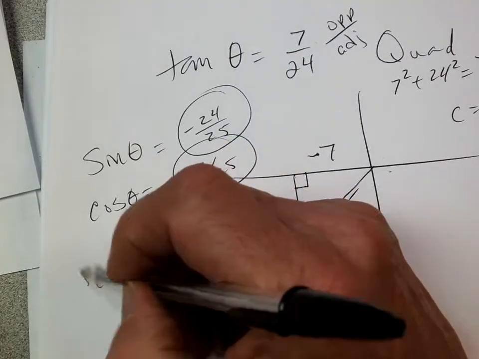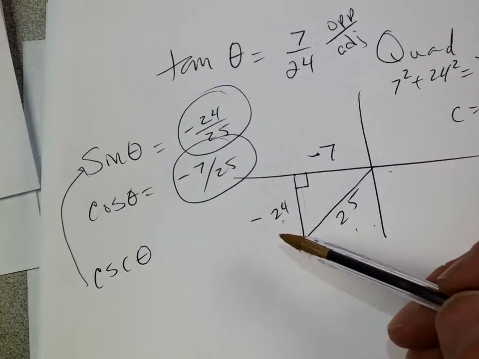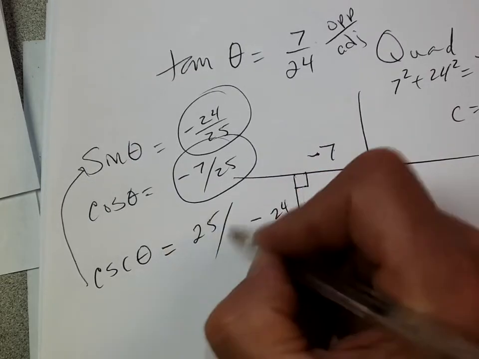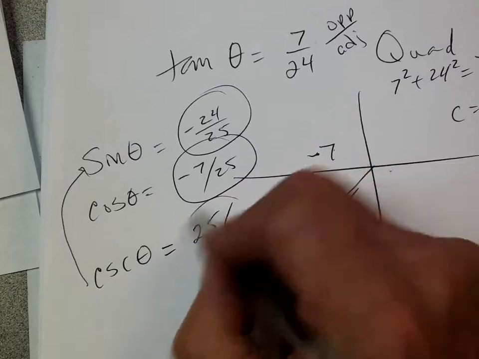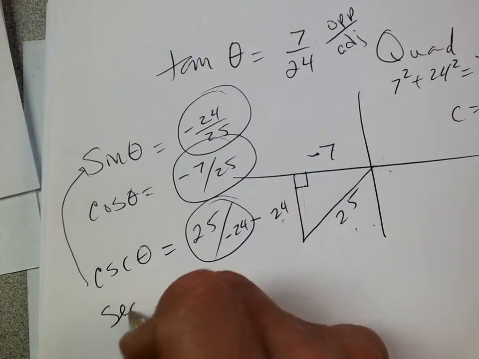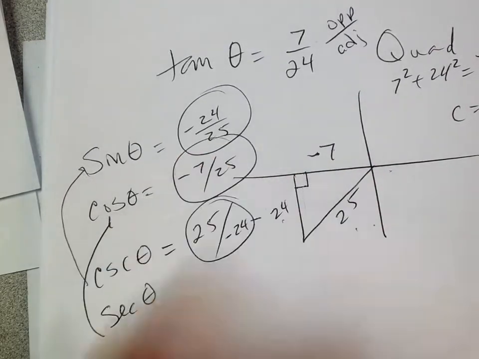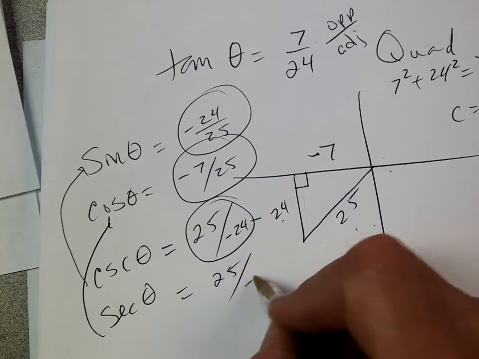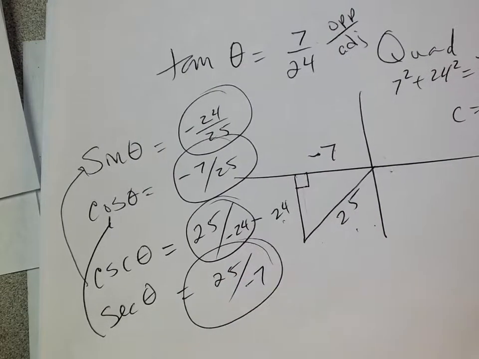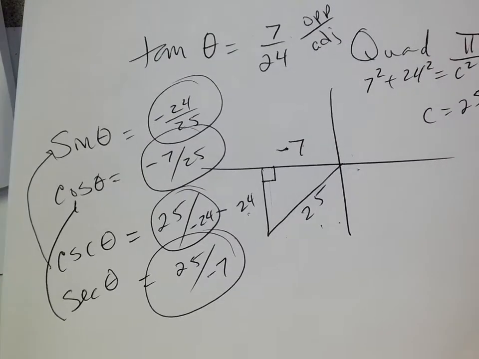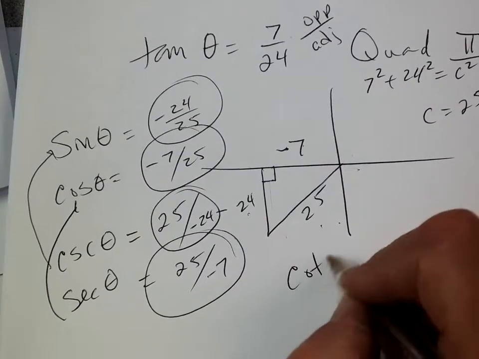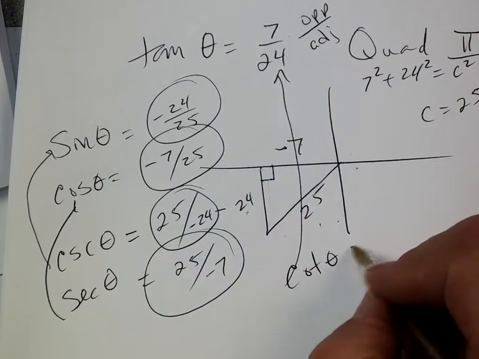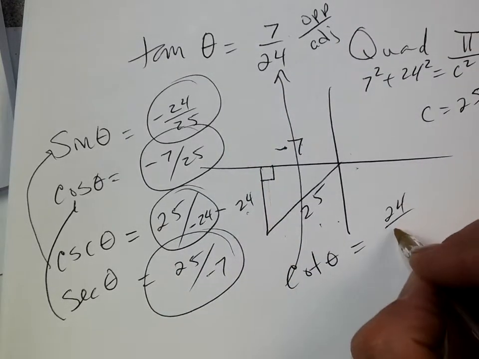Cosecant of theta is the inverse of sine. 25 over -24. Secant is the inverse of cosine, so it's just 25 over -7. And finally, cotangent of theta is the reciprocal of tangent, so it's going to be 24 over 7.